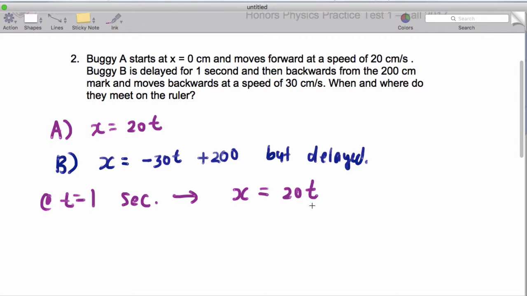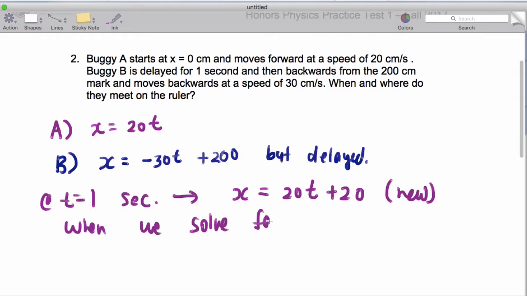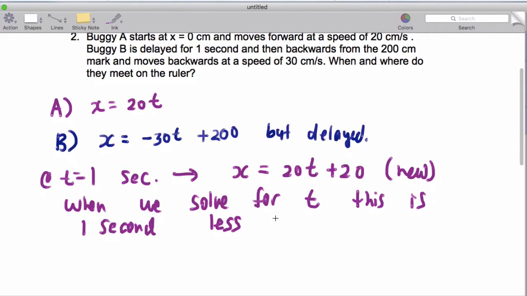That's still its speed times its time, but now 1 second has passed, so it's at the 20 centimeter point. Now when we solve for t, this is 1 second less than the clock actually reads.